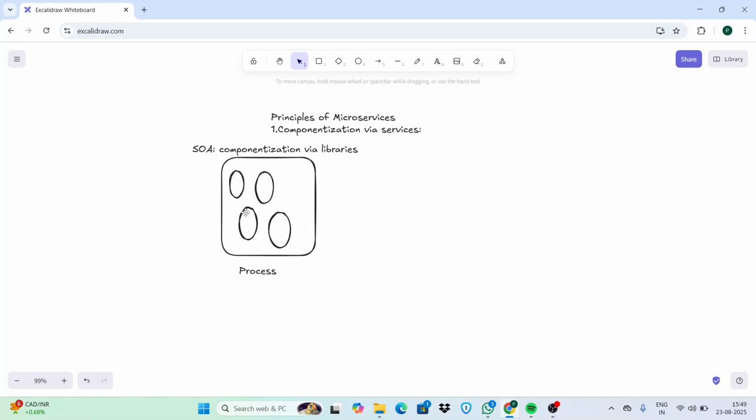So it is very time consuming and less flexible compared to componentization via services.